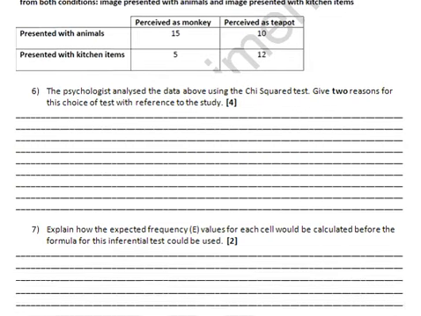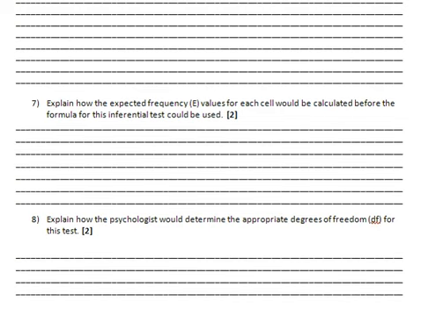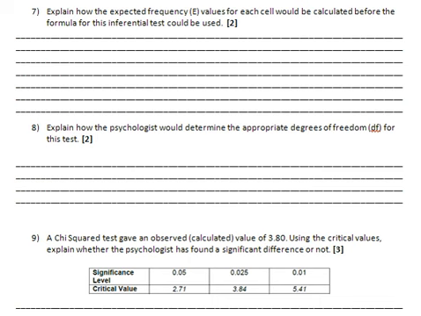The next question, question 7, says explain how the expected frequency values for each cell will be calculated before the formula for this inferential test could be used. And this is a step of the chi-squared that you've done in class. And essentially all you had to write was row total times column total divided by overall total. And that was it. You could also have put some examples.